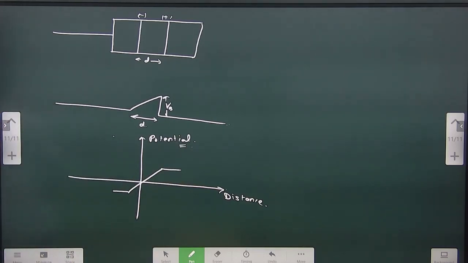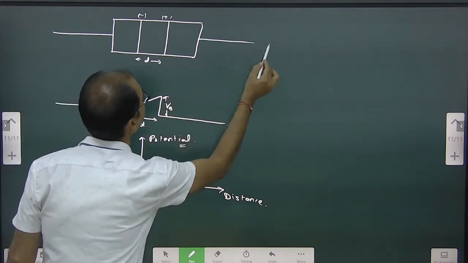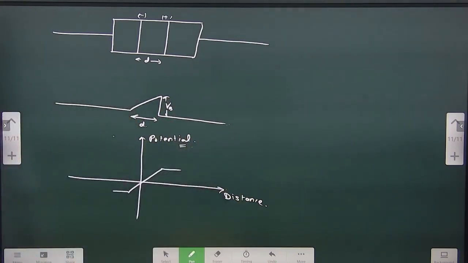So this way you can show it in the diagrammatic way. Done? Okay, students, done that?